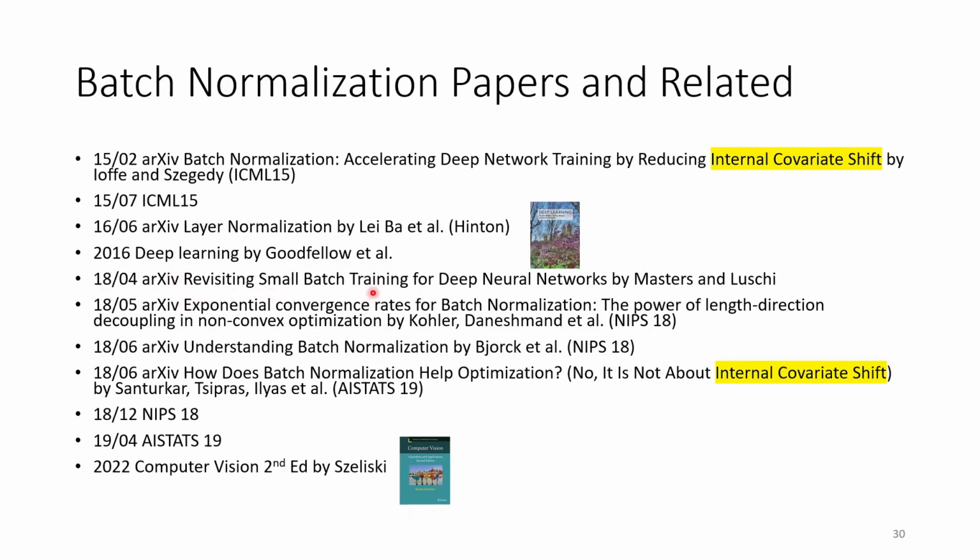The first one is "Revisiting Small-Batch Training for Deep Neural Networks." This paper was used by your classmate, Mr. Liu. He read this paper and used its findings to tune his batch normalization. The finding of this paper is that if you use a smaller batch, you may generate a better result.